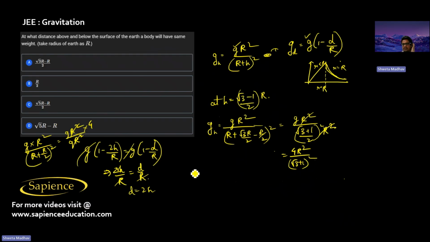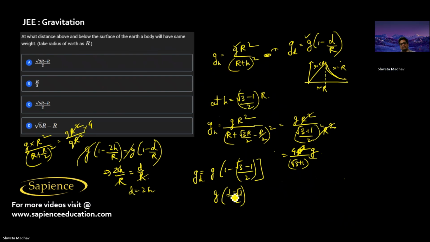And at the depth also, g will be g into 1 minus d by R. So it will be g into 1 minus, this is half plus 1 minus root 3 by 2, that is 1 minus root 3 by 2 plus half, so this is 1 plus half, that is 3 by 2, minus root 3 by 2.